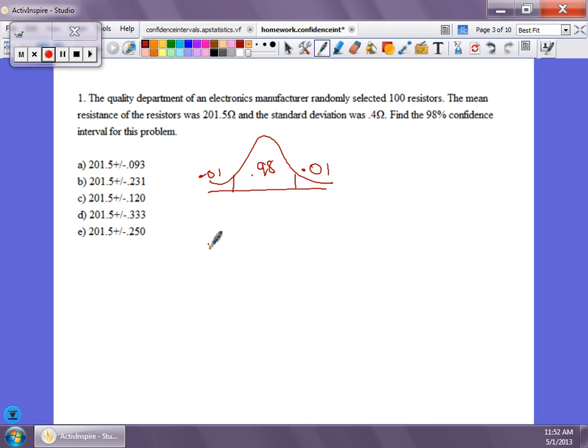Our statistic, or our point estimate, is 201.5, plus or minus whatever z-star we get for that critical value. They give us a standard deviation, and they give us a sample size. So we need to plug in our z-star, standard deviation, and our n.